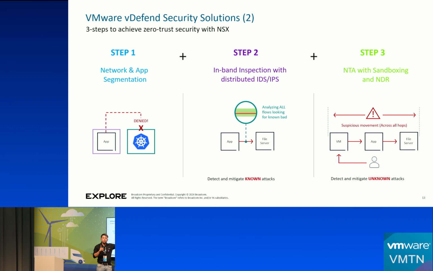Now that's why the example Apache Log4j comes into play. This IDS/IPS solution connects with a cloud analysis, and this has all known hashes. So also the vulnerability of Apache Log4j, but also all sorts of vulnerabilities. So it can detect or prevent you from being exposed.